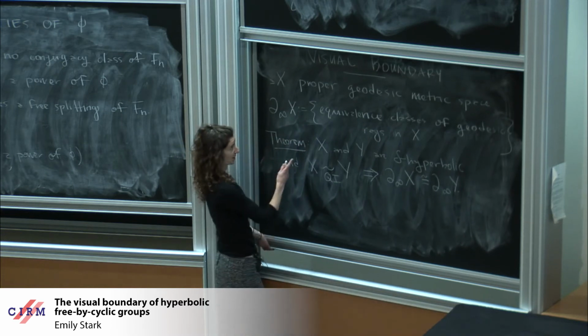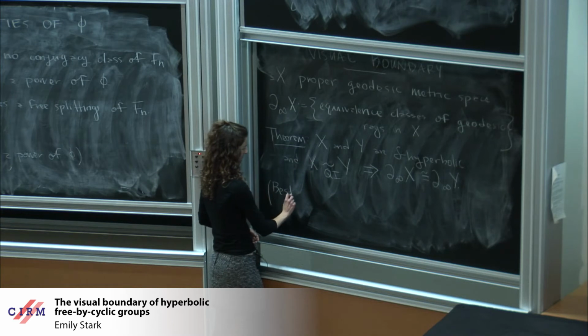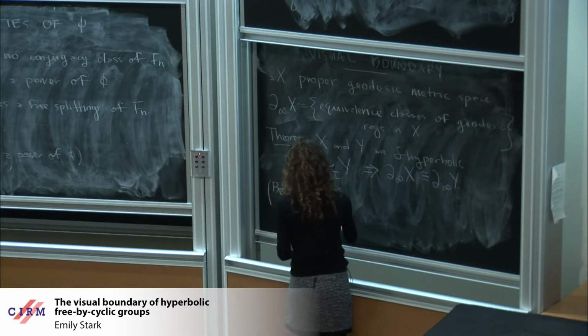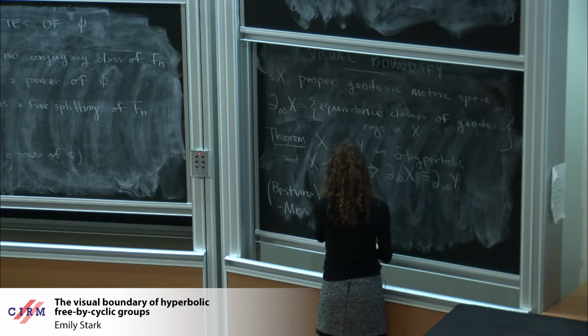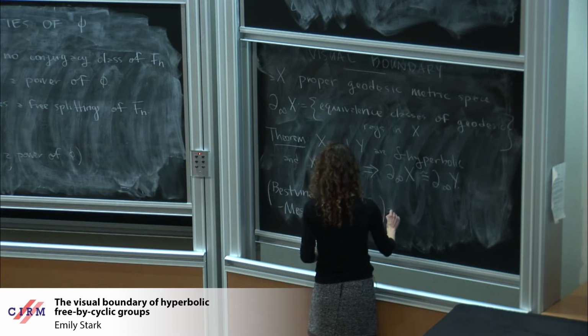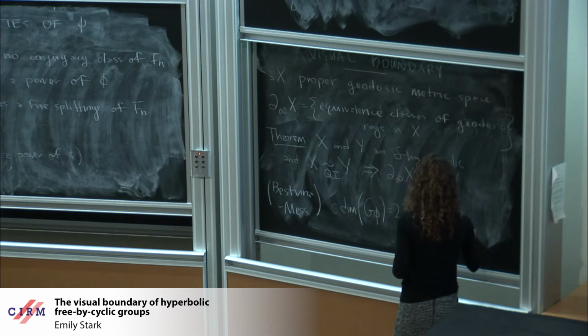And the last piece of background we need is a result due to Svina and Mess. Their work implies that since the cohomological dimension of a free-by-cyclic group is equal to 2, then if the group is hyperbolic, the topological dimension of the visual boundary of the group is equal to 1.